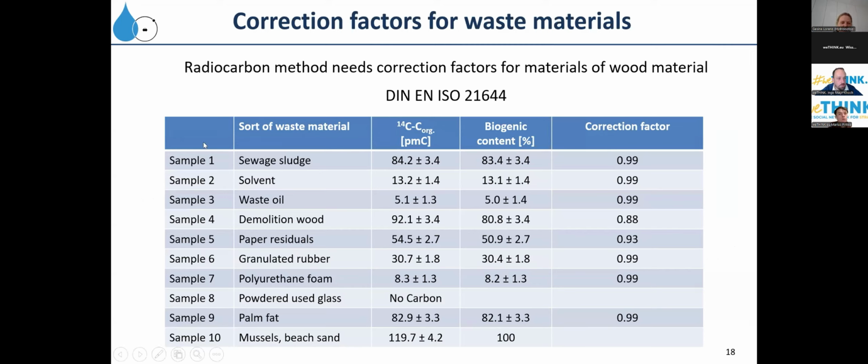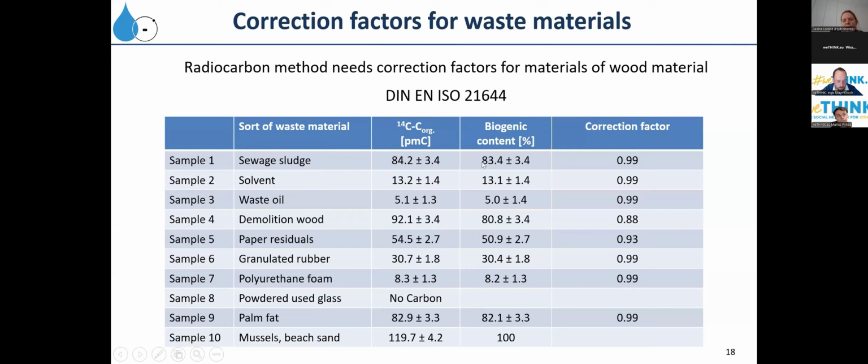Here I've given you about 10 samples so that you see what it means. If I go for sewage sludge, which is a typical value for a big city, then I have to correct the measurement value of the carbon-14 to result in the biogenic content related to the total content of the sample in percent.